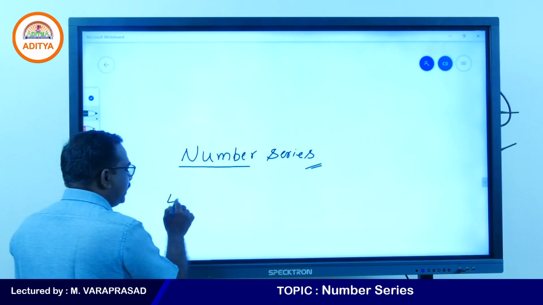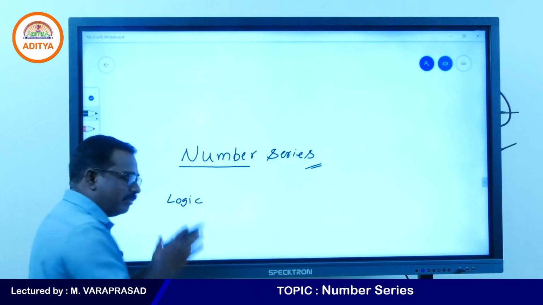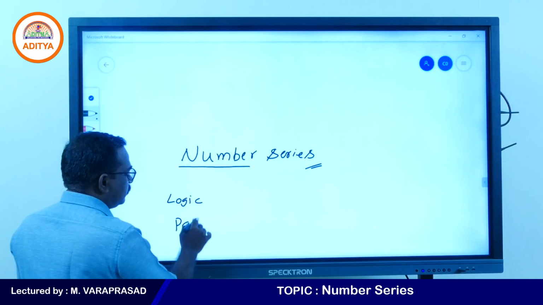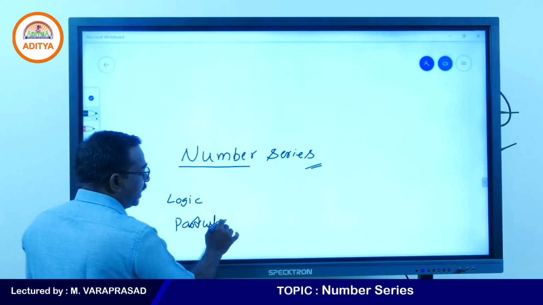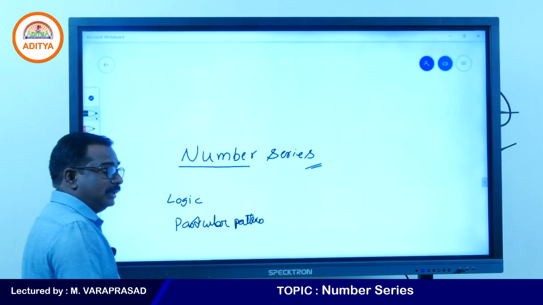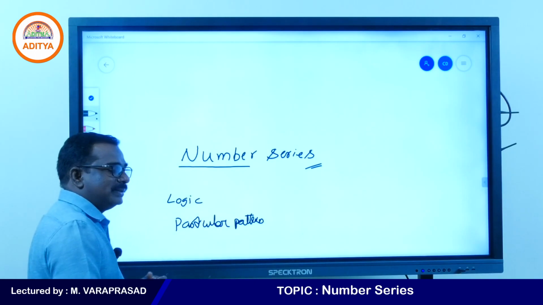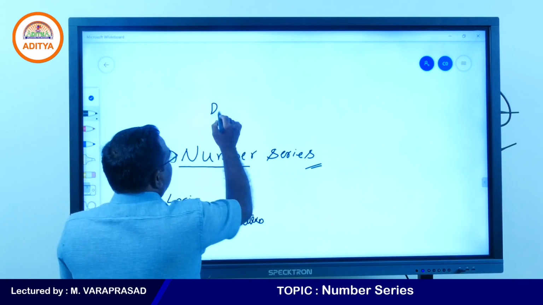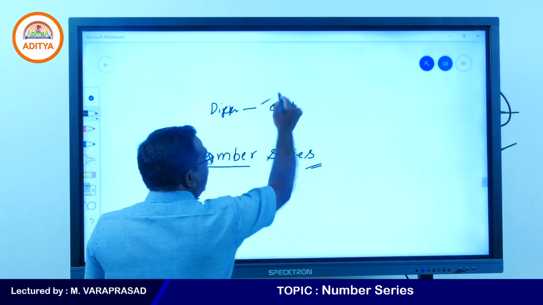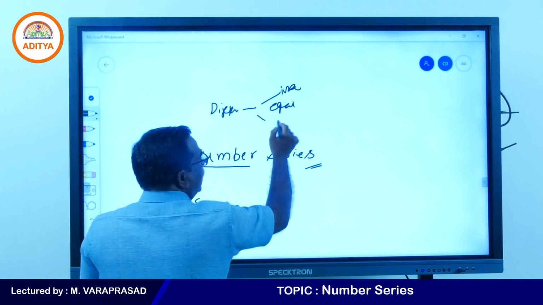A logic will be there between the numbers, or a particular pattern, or a difference between the numbers. We can take differences in an equal manner, increasing order, or decreasing order.